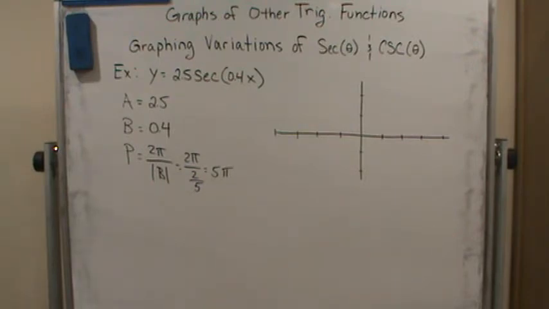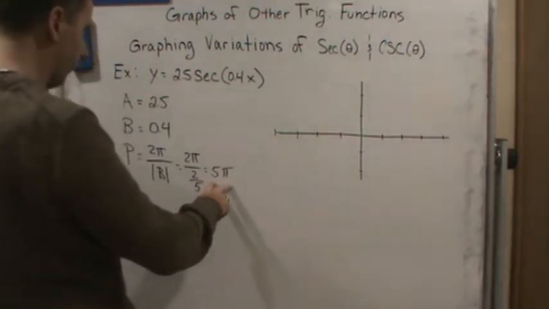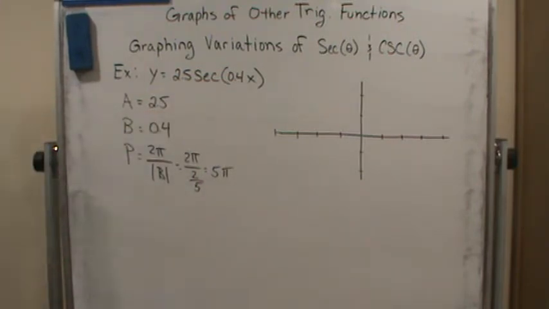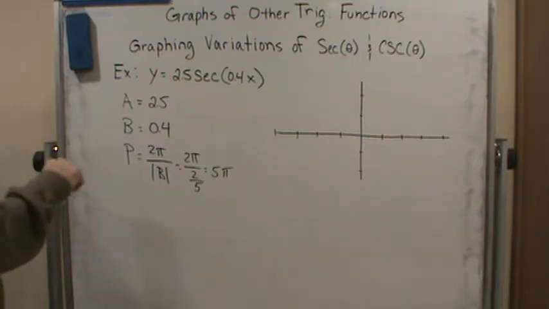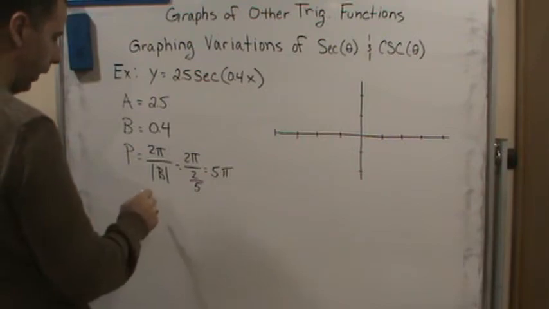And so now what? Well, we really have everything we need to sketch it. So now, the period is 5 pi, and it's got this stretching factor of 2.5. First of all, we need to find out where the asymptotes are located. So the asymptotes are going to be located where?